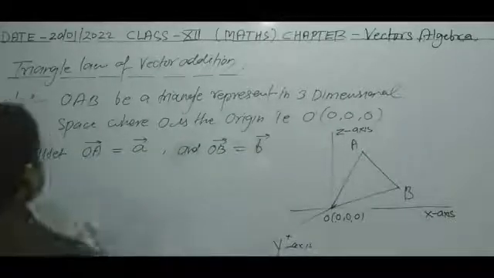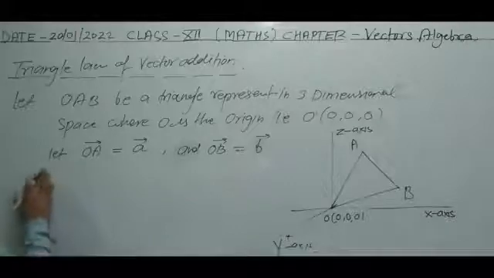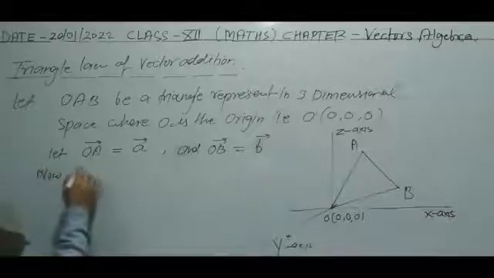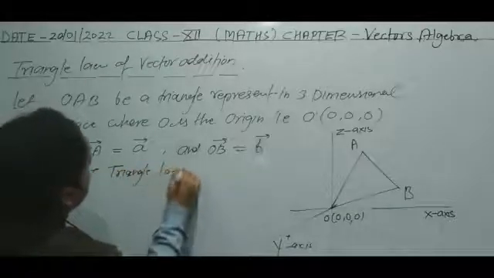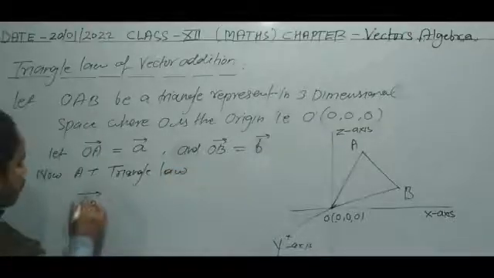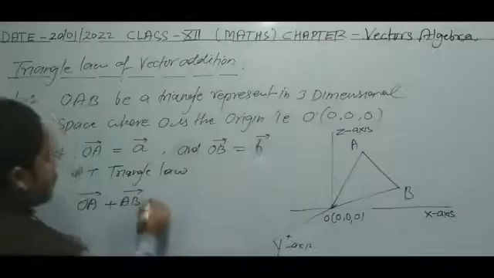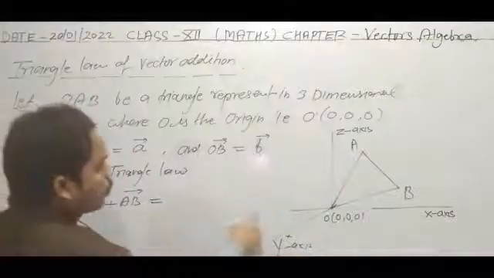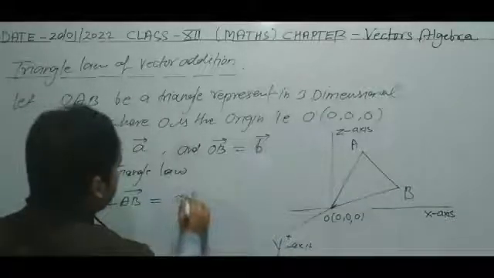Now from the figure, according to the triangle law, what we can write? According to the triangle law, OA vector plus AB vector will be equal to OB vector.